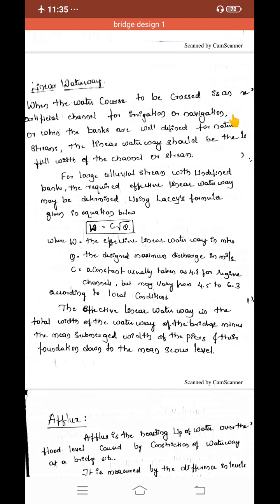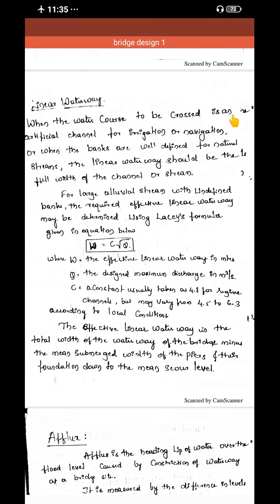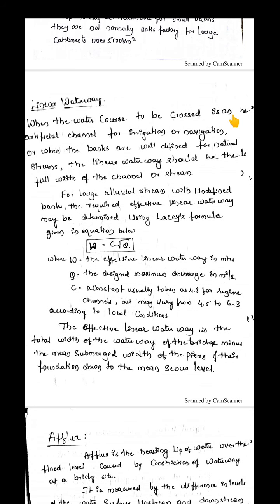Here, W is the effective linear waterway in meters. Q is the designed maximum discharge in meter cube per second. C is a constant, usually taken as 4.8 for regime channel, but it may vary from 4.5 to 4.6 according to local conditions.